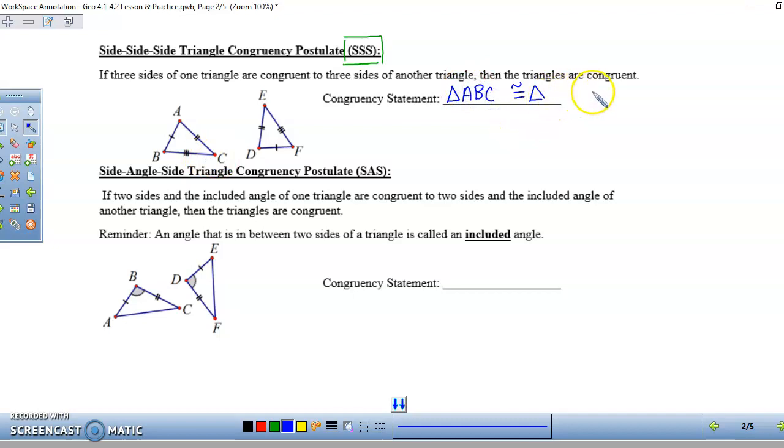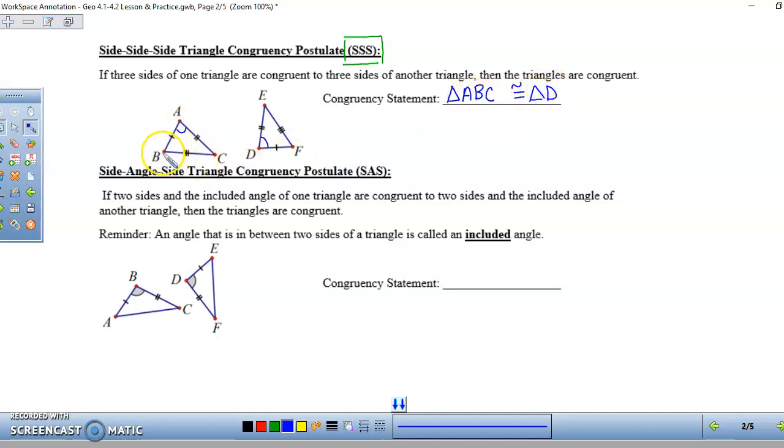But when you do the second triangle statement, you need to make sure your corresponding sides go with the A, B, and the C. So here I started with A. Angle A is between the 1 dash and the 2 dash. So I need to start over here with angle D. That's between the 1 dash and the 2 dash. So A corresponds with D.